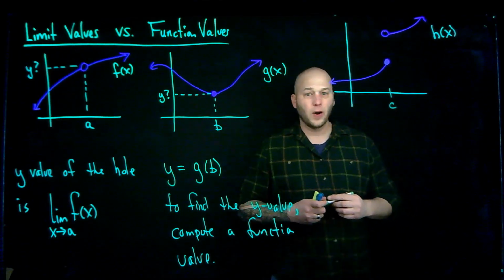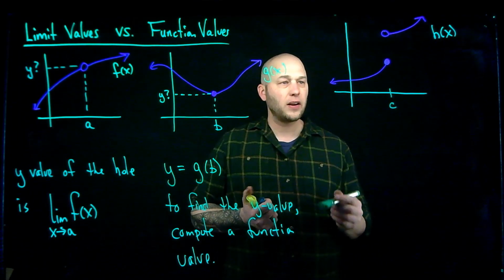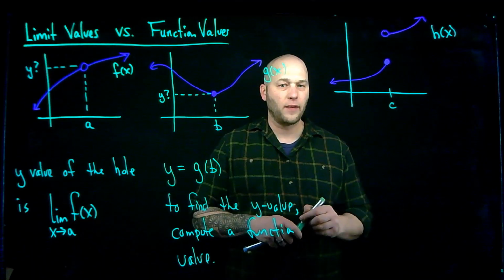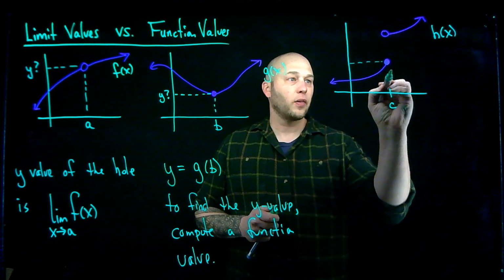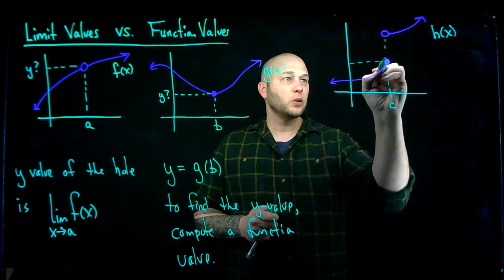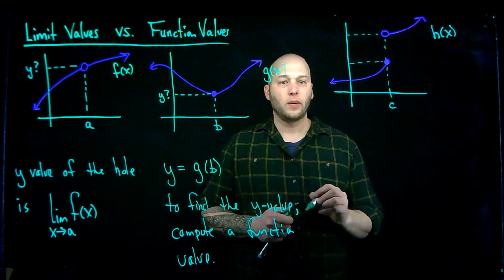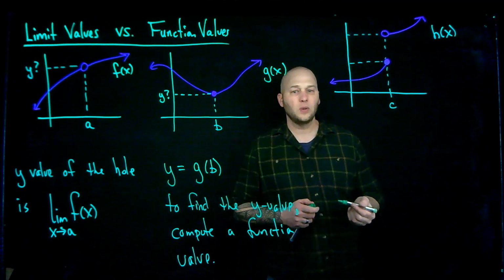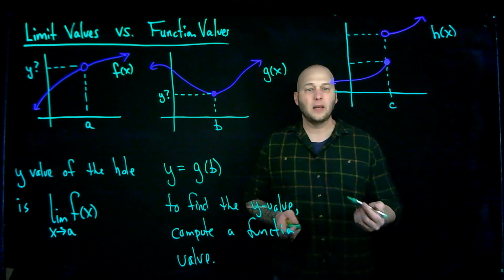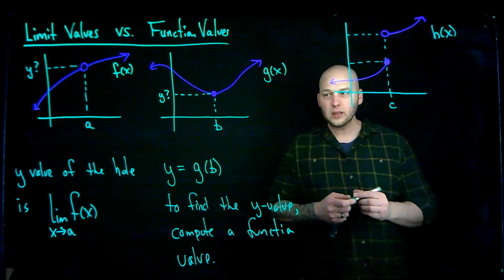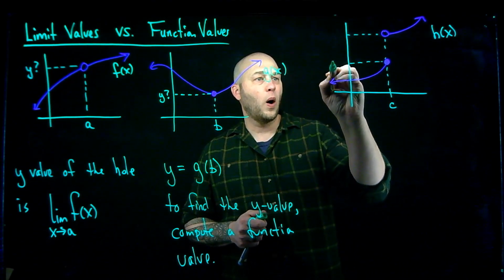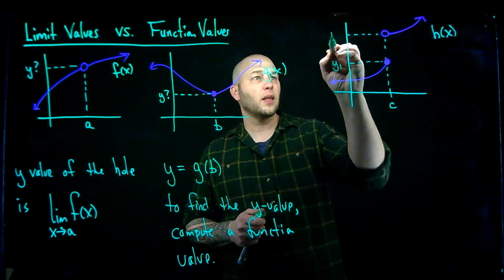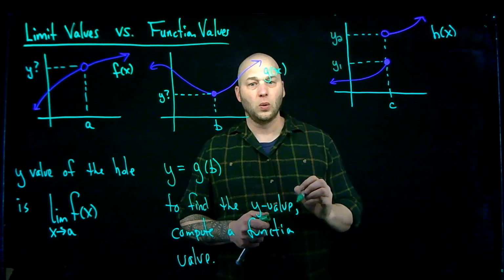Now, for this function, at the point c, I've actually got two different possible y values that I may be interested in. For one, I've got that one, and I also have that one. So I've got two different y values that are somehow related to the x value c. So let's give these a name. Let's say this is equal to y1, and let's say that's equal to y2, okay?